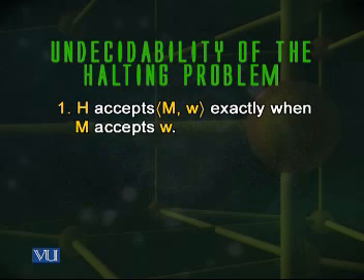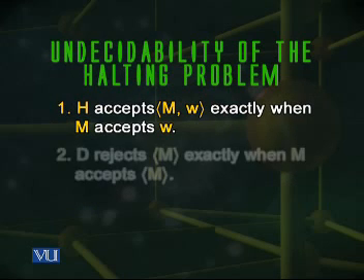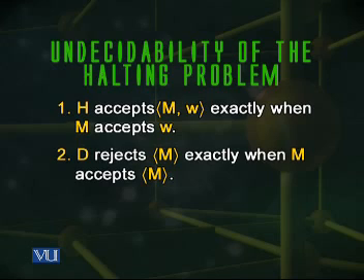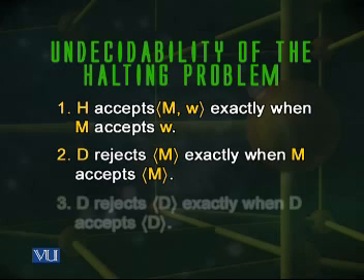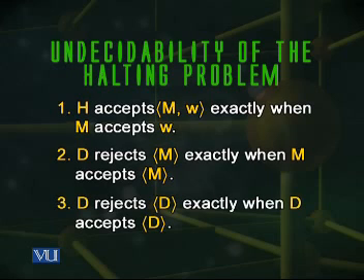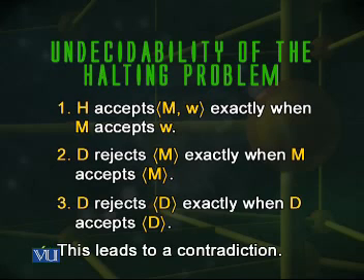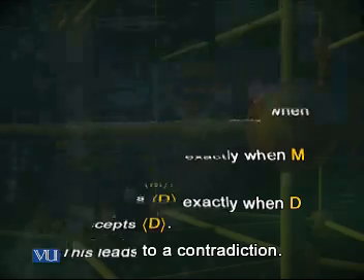H accepts M, W exactly when M accepts W. D rejects M exactly when M accepts M. Therefore, D rejects itself exactly when D accepts itself. And that is a logical absurdity which has led us to contradiction, and thereby we have proved that the halting problem is undecidable.